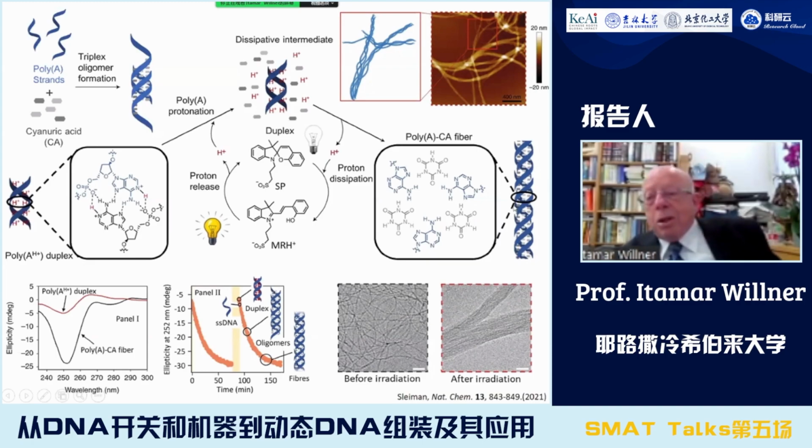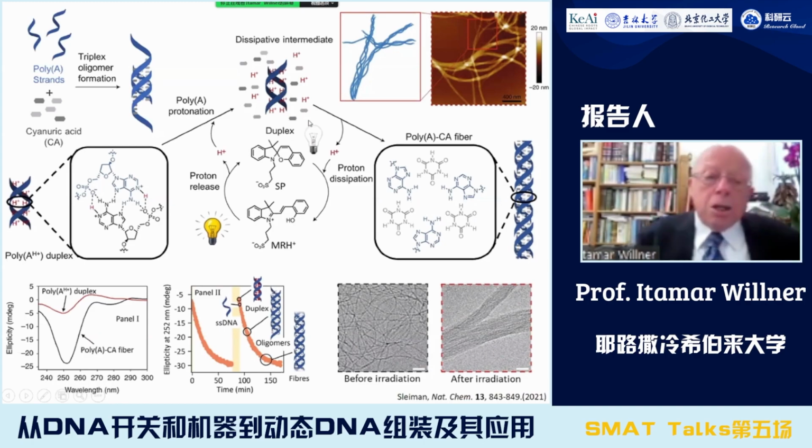Shining light on the fibers, in the presence of our regulator, will transform the protonated merocyanine to the spiropyran. Protons will be released, the fibers will be dissociated, and will reform the polyadenine structure.